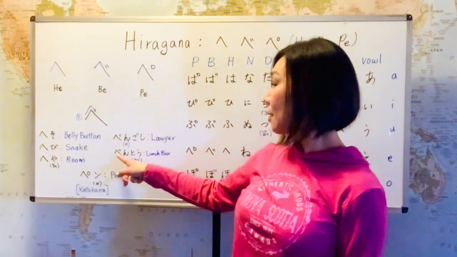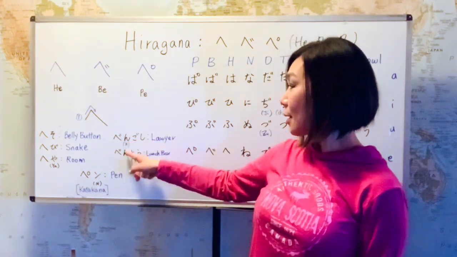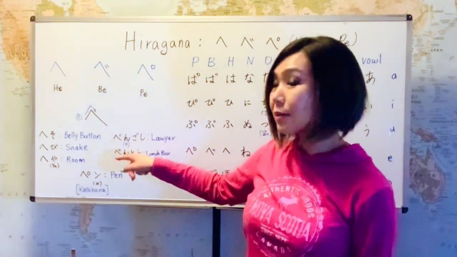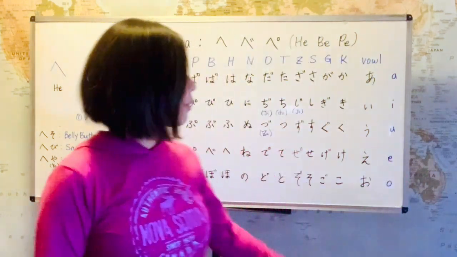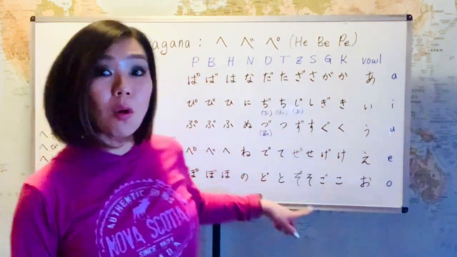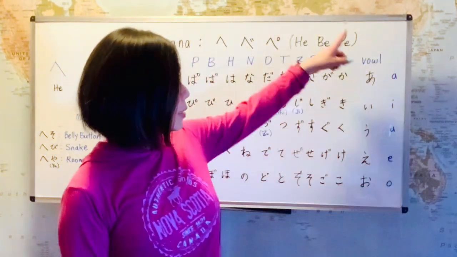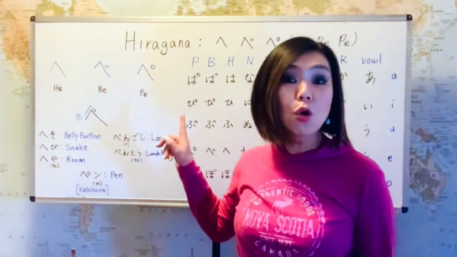And then the next one, this is of course be, and then this one is T line, right? To. And then the last one is a vowel line. This is u. So that's be, to, u.